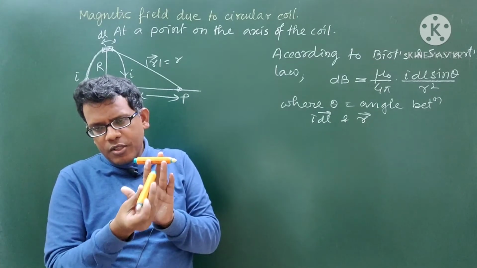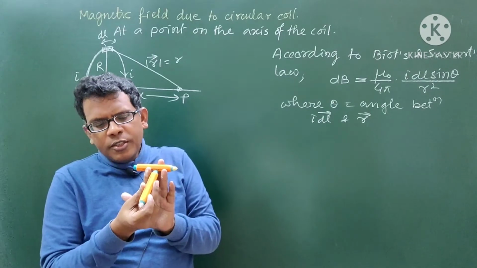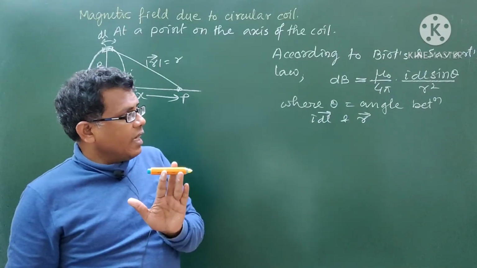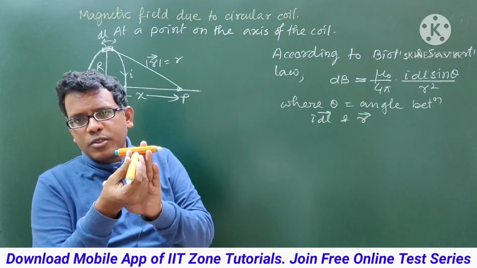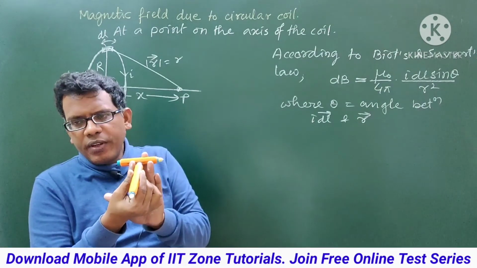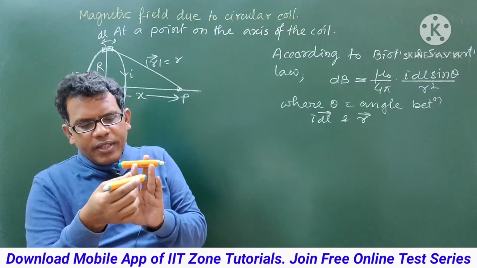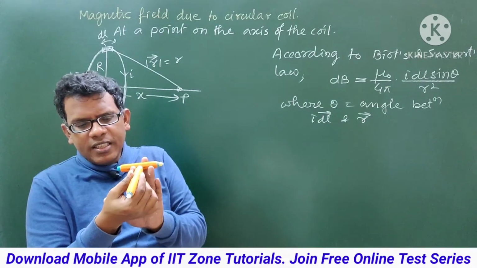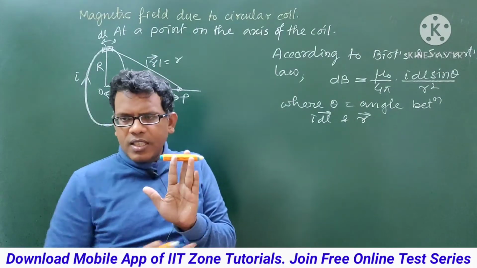This slant position of the chalk holder indicates the r vector, right? So you can see that theta, the angle between the current element and the radius vector, is definitely 90 degree. You can see these two lines are perpendicular, because this is the plane of the circle.